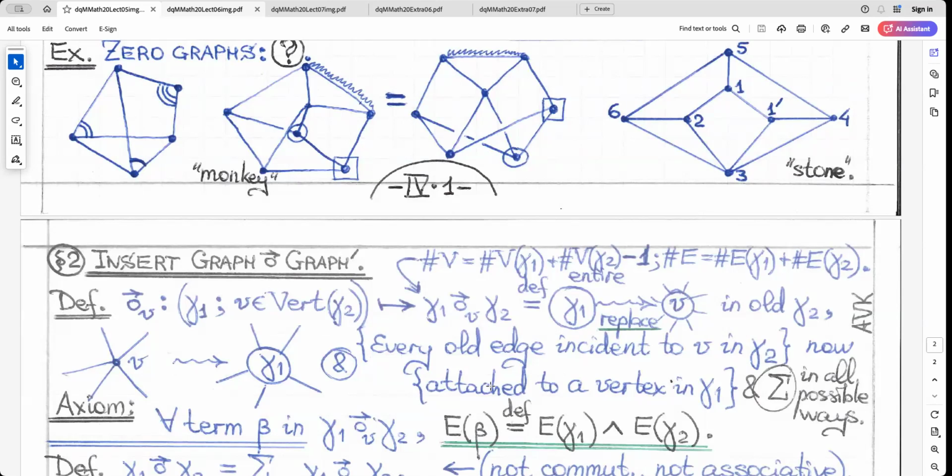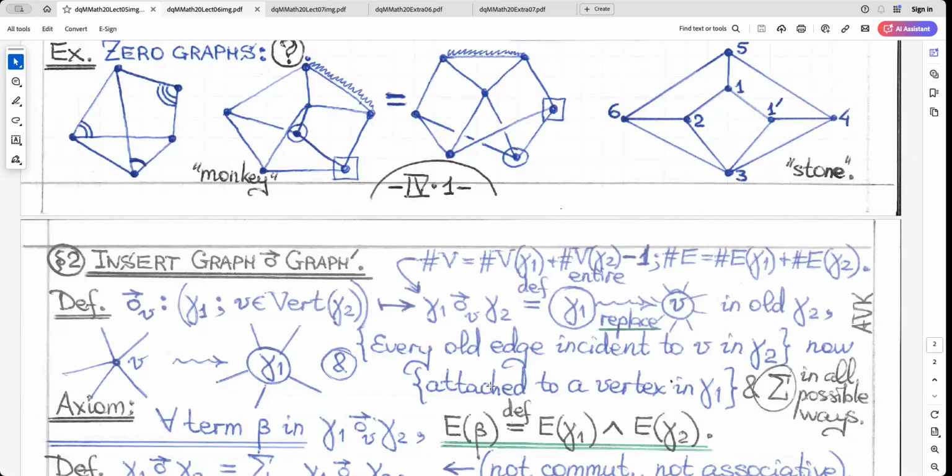Everything is done by linearity. If our graph gamma 1 is a linear combination of something, then of course we proceed by linearity, inserting into a given vertex V of gamma 2.